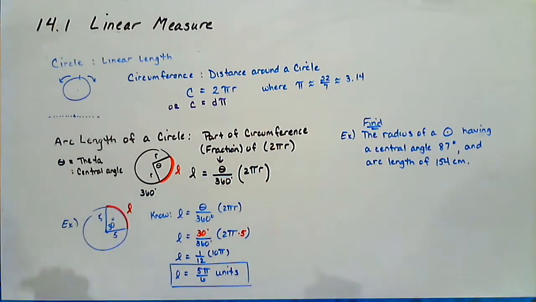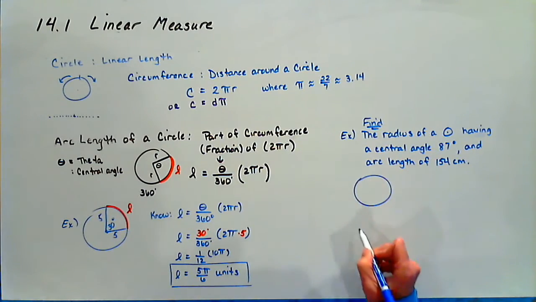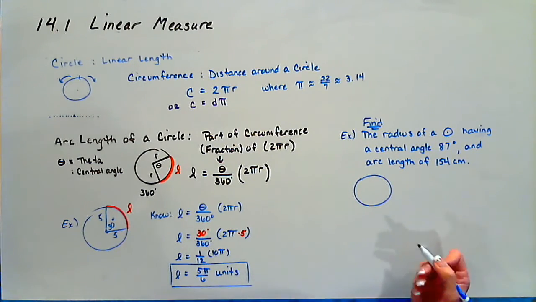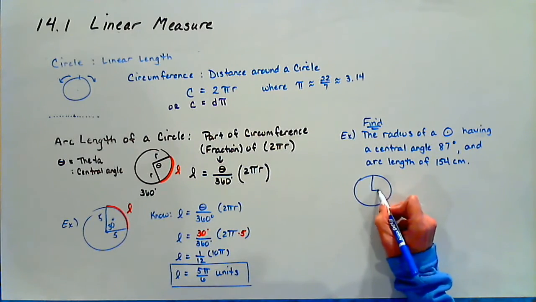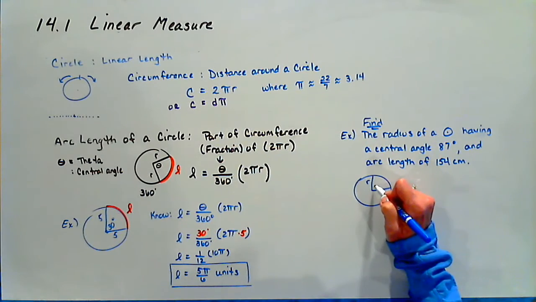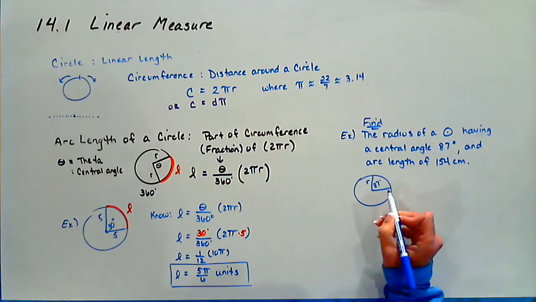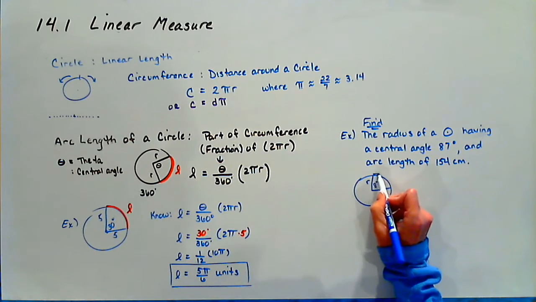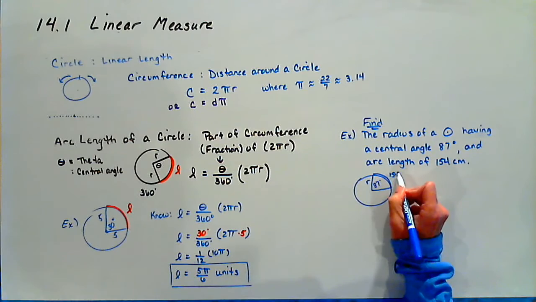Okay. Now, some prefer a picture, so this time I'm going to draw a picture. Start with what I know. I don't know the radius this time, but I know the central angle is 87. And I know this length, if I were able to measure it with a measuring tape, is 154 centimeters.